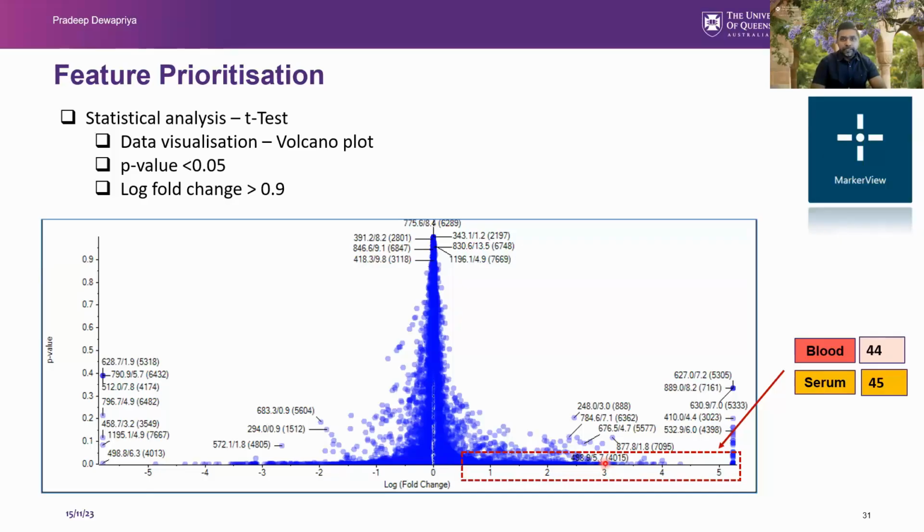But all the selected features were manually evaluated for the quality of the MS and MS/MS data, and we examined the MS/MS data to identify the PFAS-specific fragments in these features. Based on the manual filtering step, finally we managed to prioritize 64 features for feature identification.